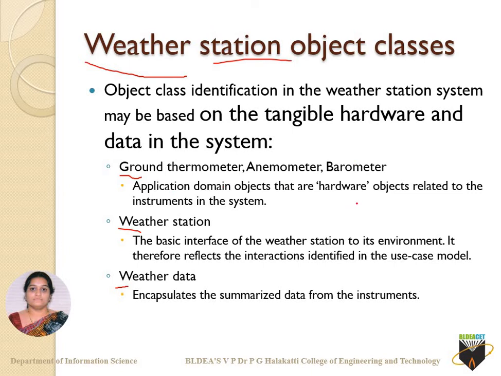These are application domain objects, hardware objects related to the instruments, which are required to obtain the latest values. Then comes the weather station, the basic interface of the weather station to its environment. Then comes weather data, which encapsulates the summarized data from the instruments.